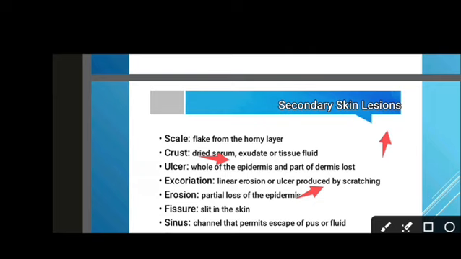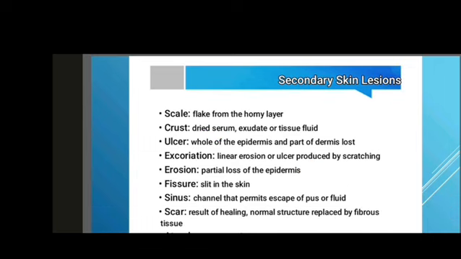Another important secondary skin lesion is fissure. A fissure is the formation of a slit in the surface of the skin. A sinus is a channel or tract that permits the escape of pus or fluid. When there is pus inside a cavity, the pus has to escape from the lesion.